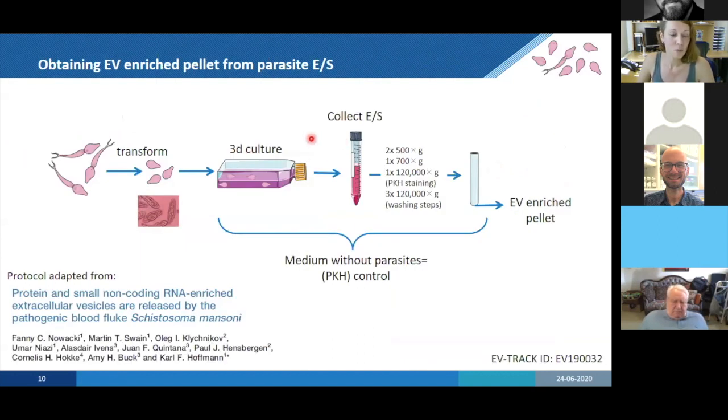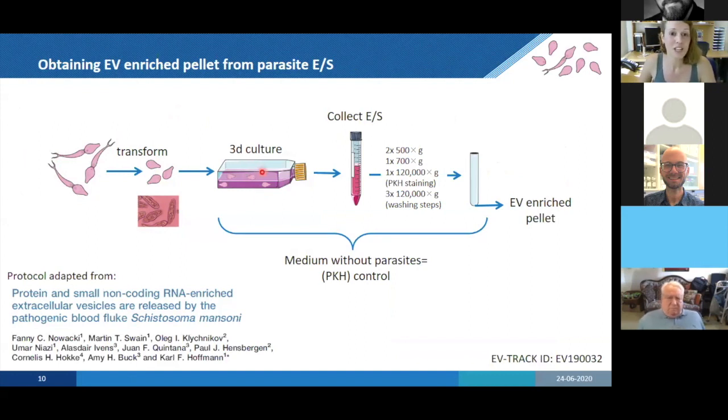So to obtain the EVs, we get the Cercaria. We have our own infected snails in-house. I get the Cercaria, transform them to schistosomula, and then culture them for 3 days. The good thing is I don't have to add FCS to my culture, so I can culture them in plain medium with only antibiotics, which saves a lot of hassle along the way.